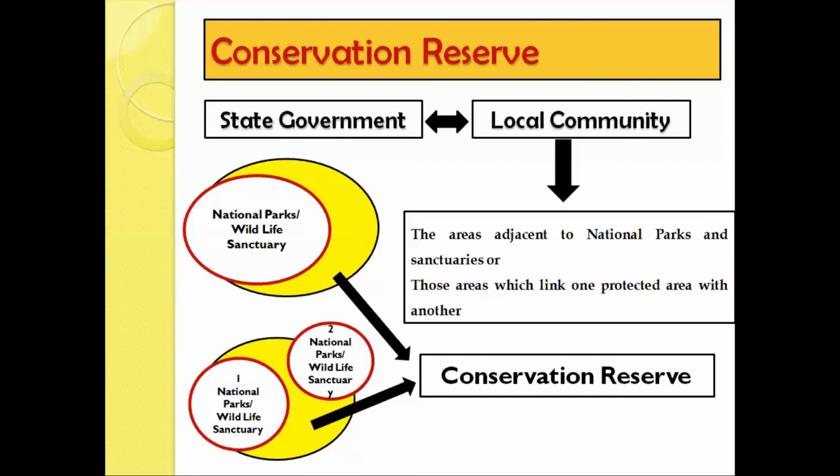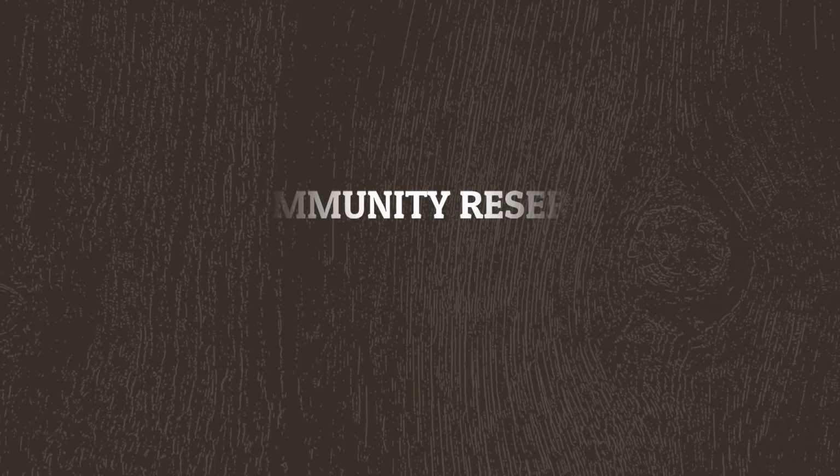Conservation reserve. The state government, in consultation with the local community, will identify and declare any area which is adjacent to the national park or the sanctuaries, or the area which links or connects one protected area with another, as a conservation reserve.